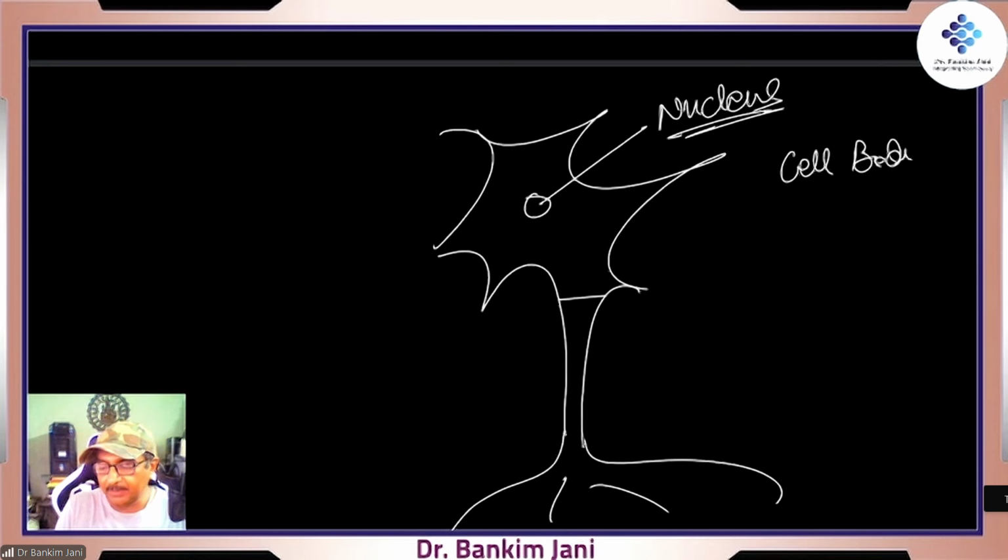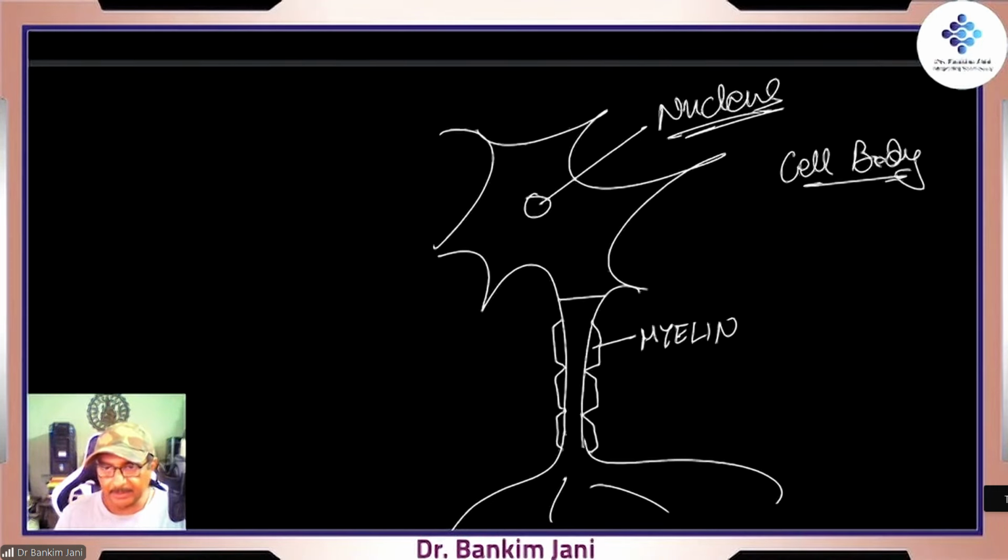And then this is what is called the axon. This axon is covered by what is called the myelin sheath.